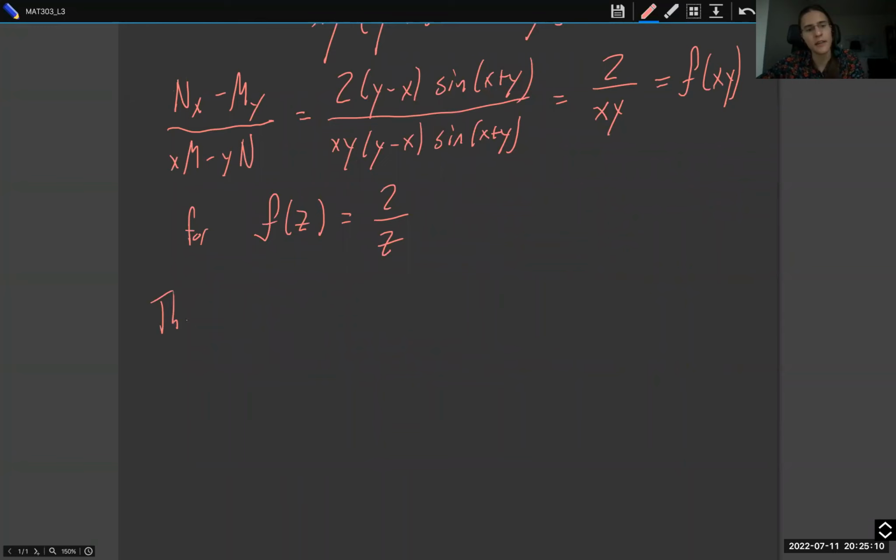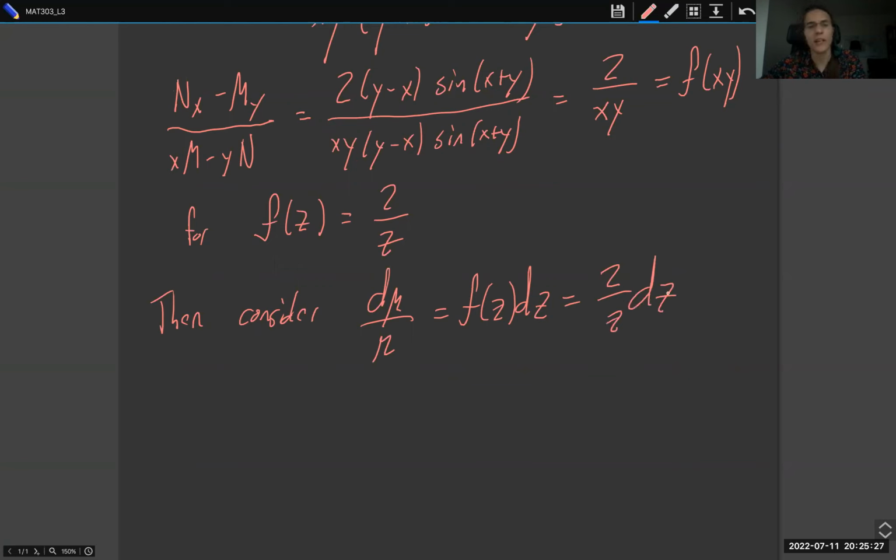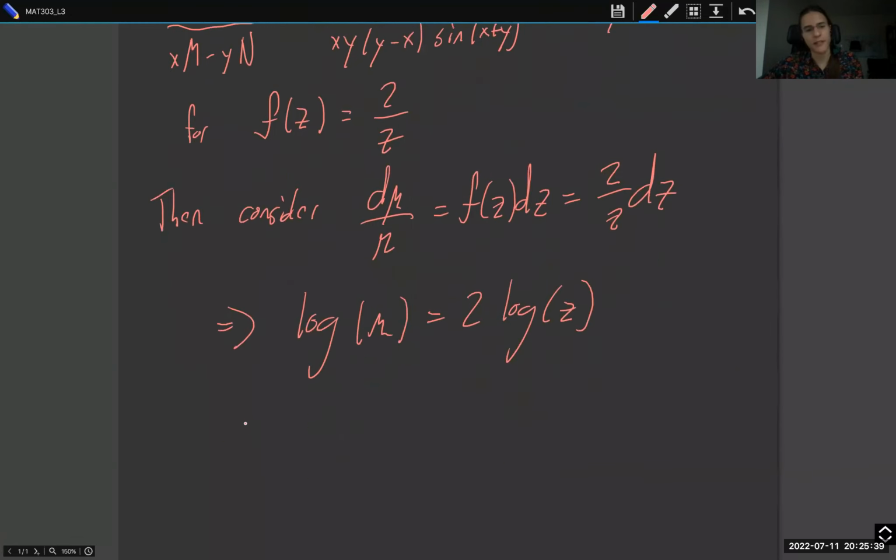Then consider d mu over mu, that's our integrating factor equation, is equal to f of z dz, which is equal to 2 over z dz. Okay, so we got logarithms. So as a consequence, we get that the logarithm of mu is 2 times the logarithm of z. And so I've already asked this a few times. We get mu is equal to z squared.